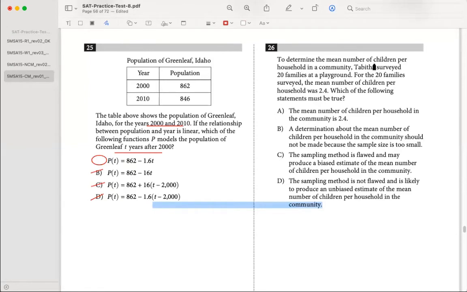26. For all 20 families, the survey mean is 2.4. Which of the following statements must be true? I mean, it's 2.4. No. Determine.